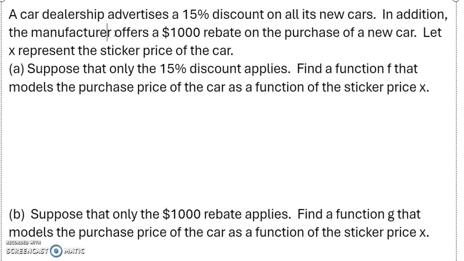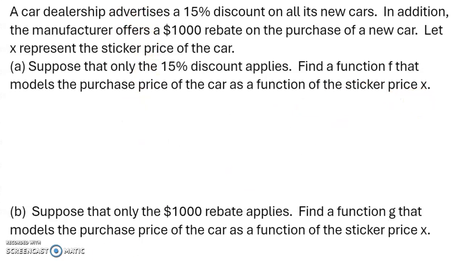Suppose that only the 15% discount applies. Find a function f that models the purchase price of the car as a function of the sticker price x. So they tell you in the problem that the sticker price is x, and it says here only the 15% discount applies.